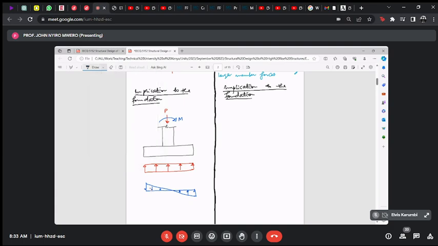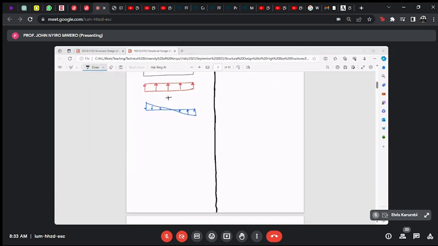And if you add these two, you have a pressure diagram.